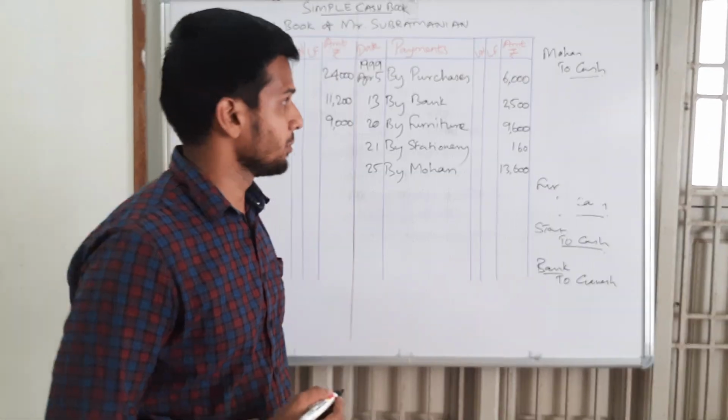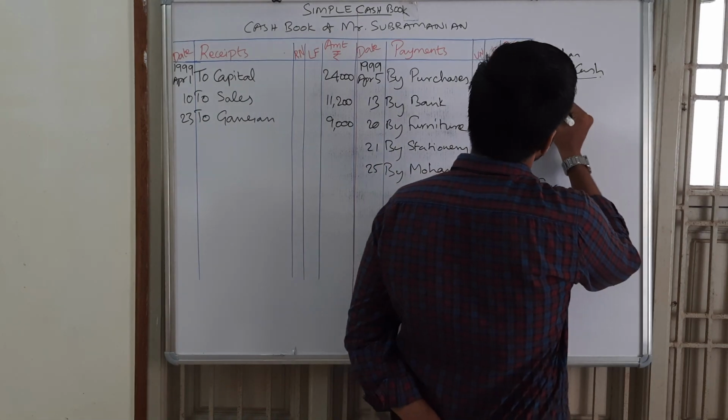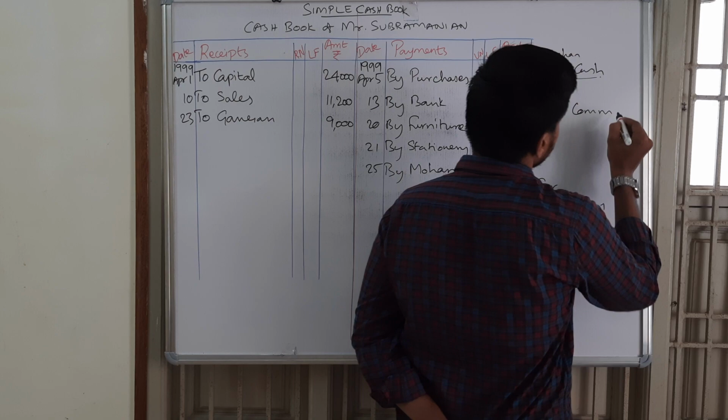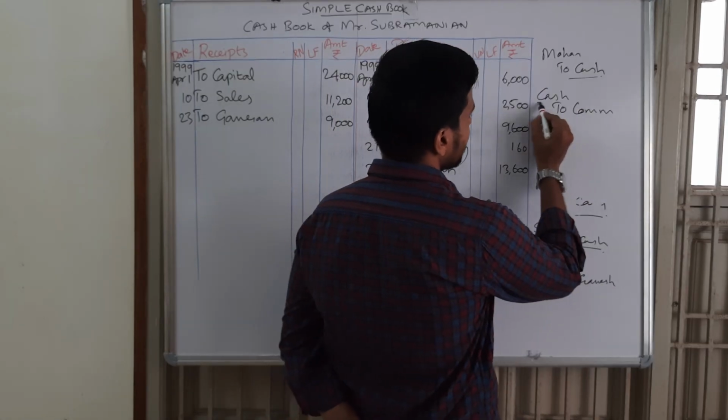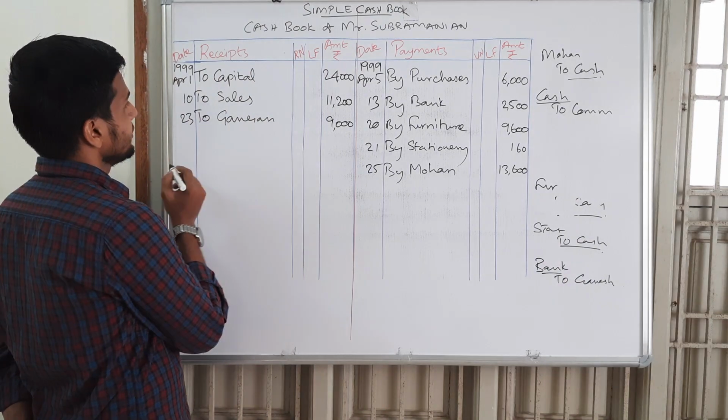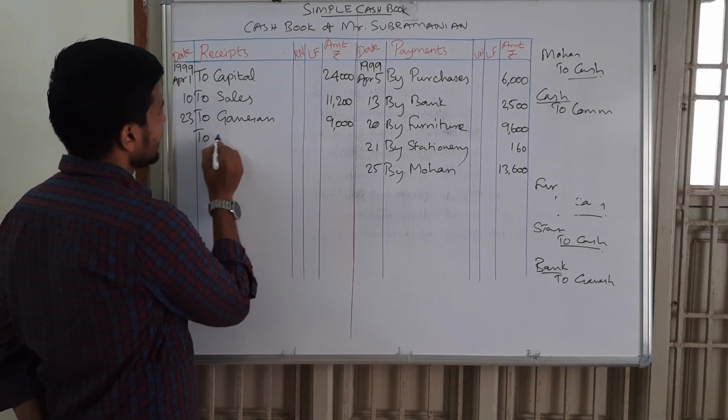We are receiving the commission means cash account to commission account, right? This is the entry. So cash got debited, so it should be written on the receipt side to commission.